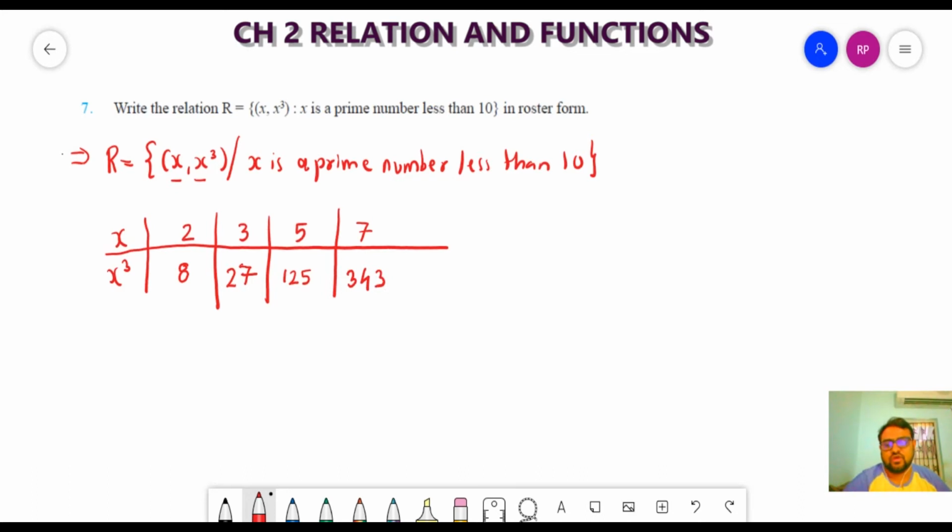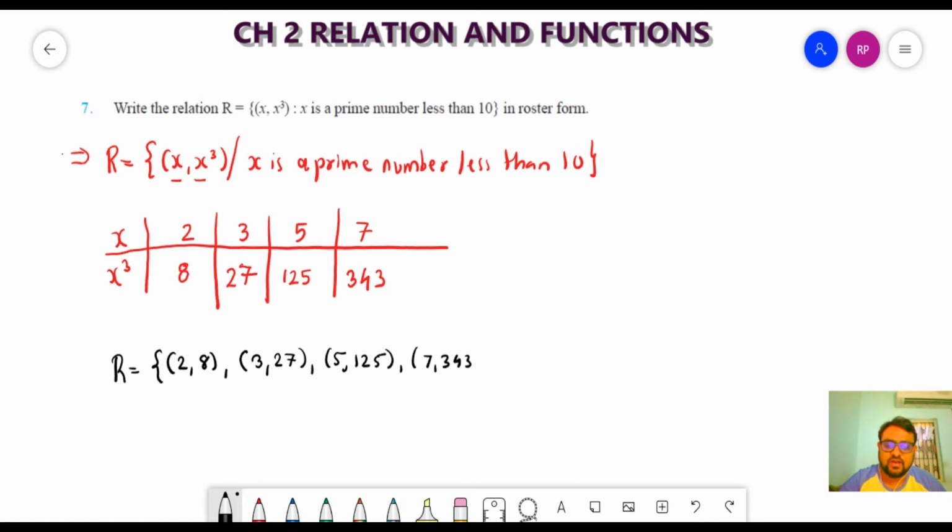Okay, so we got our relation R will be equal to 2, 8, 3, 27, 5, 125 and 7, 343, right?